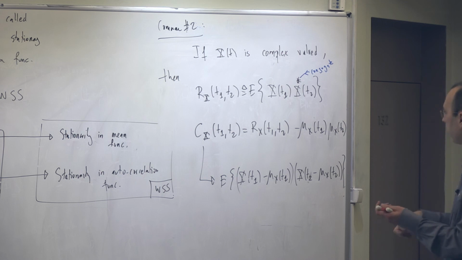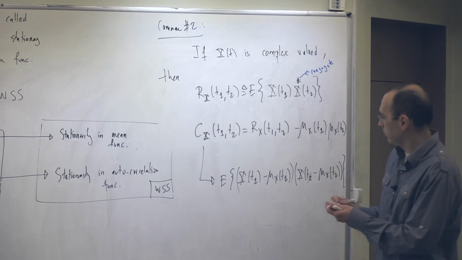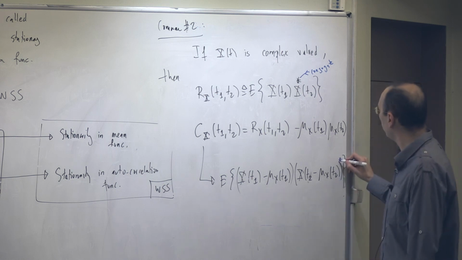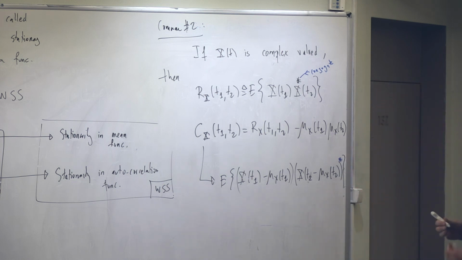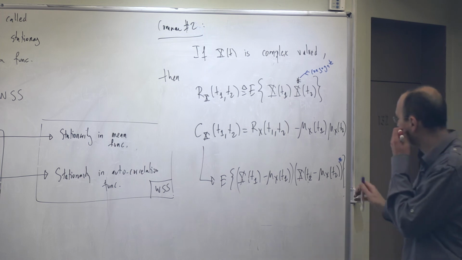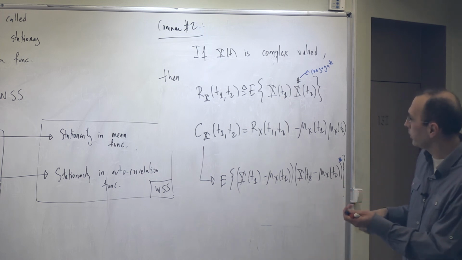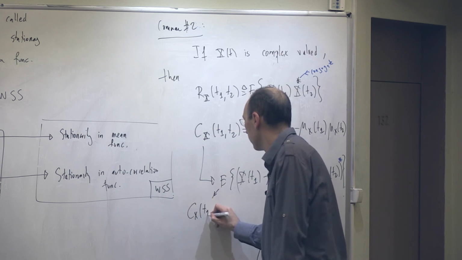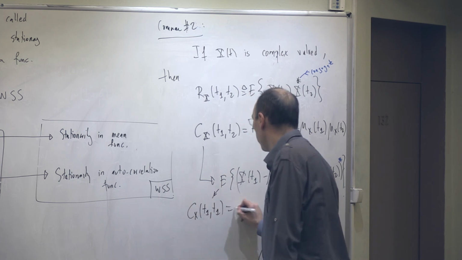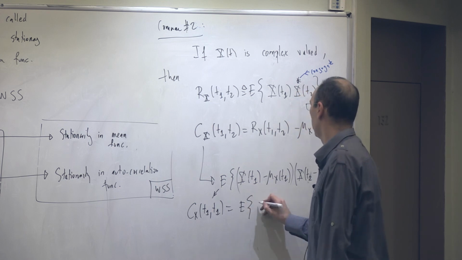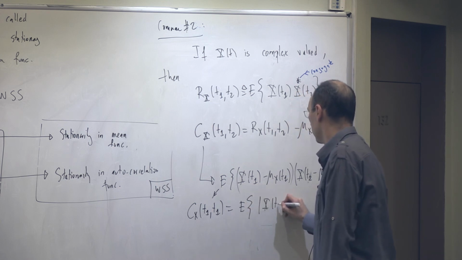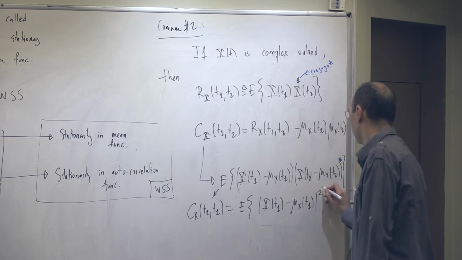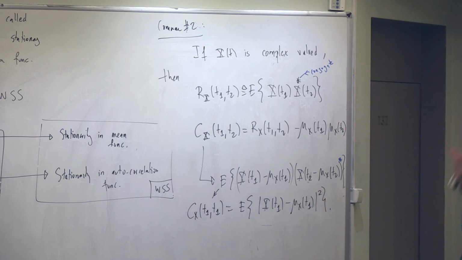I put the conjugate over here. So the reason we have the conjugate is, you will see, Cx T1 T1 will then be the expected value of x T1 minus mu x T1 times its conjugate.